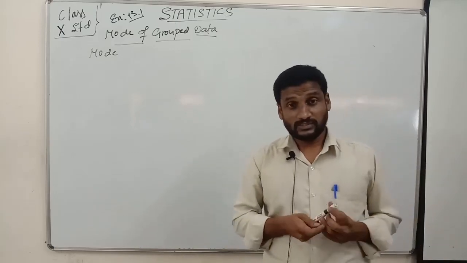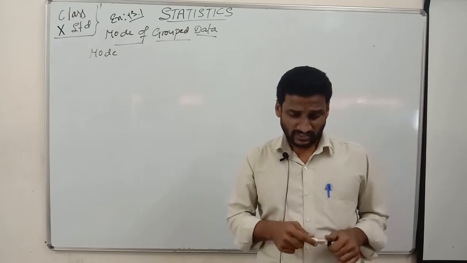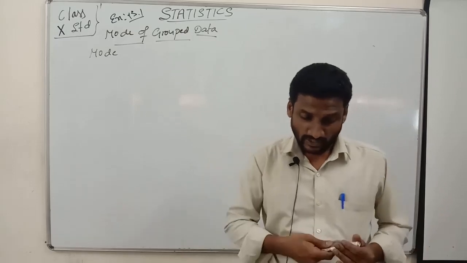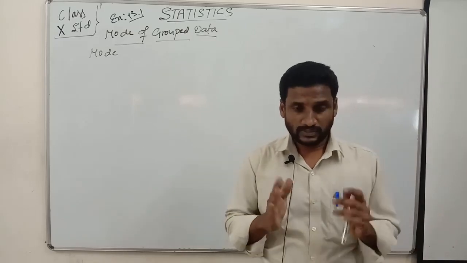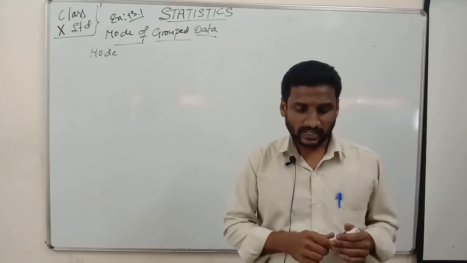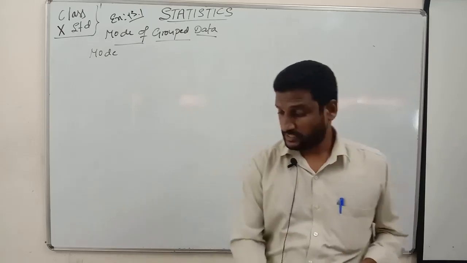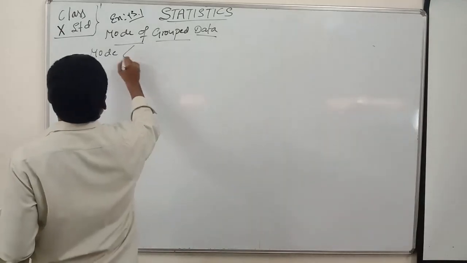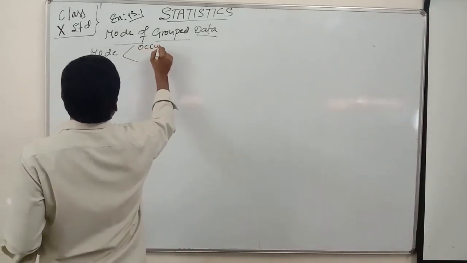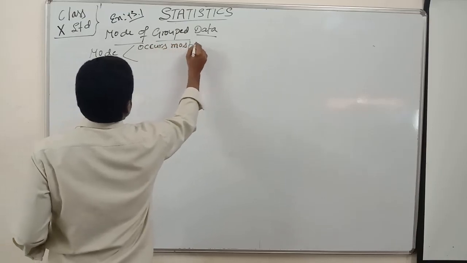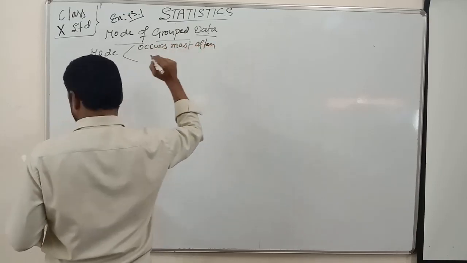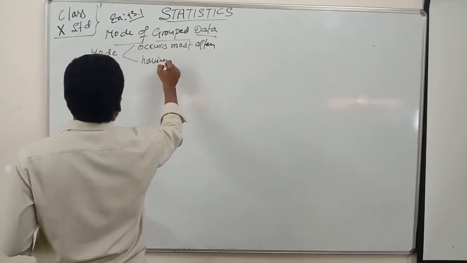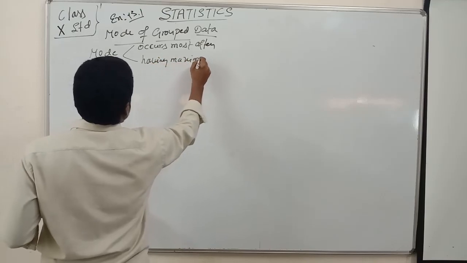So now mode. What is the mode? In 9th standard we have already learned that mode is the value among the observations which occurs most often, or having maximum frequency.